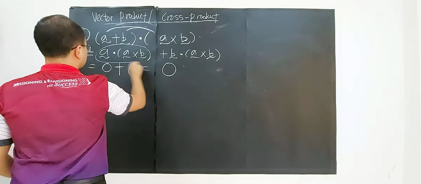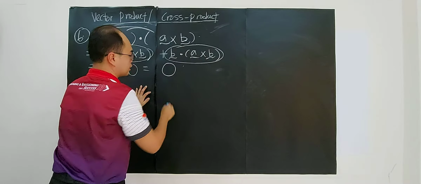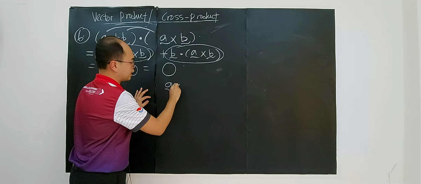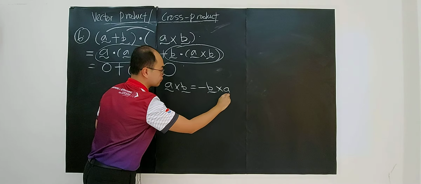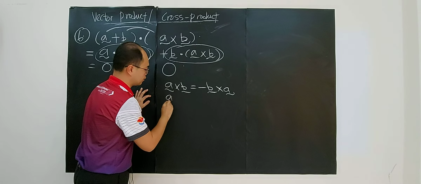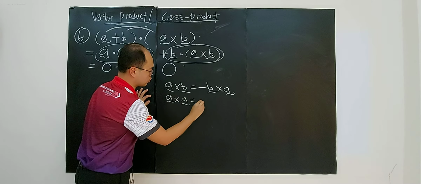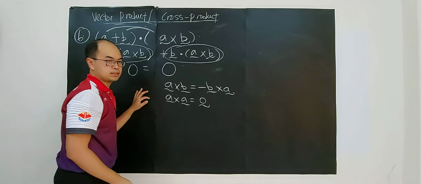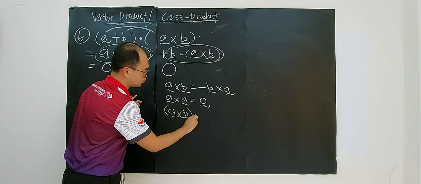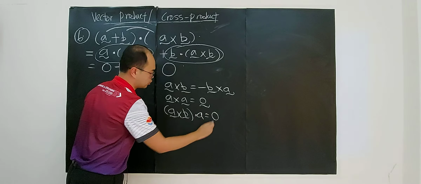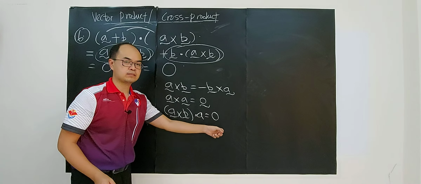So these properties are very important. You know that A cross B is the same as negative B cross A. And if you have two identical vectors and you cross them, you get a zero vector. And A cross B, if you dot with A, you get 0, or you dot with B, you get 0.